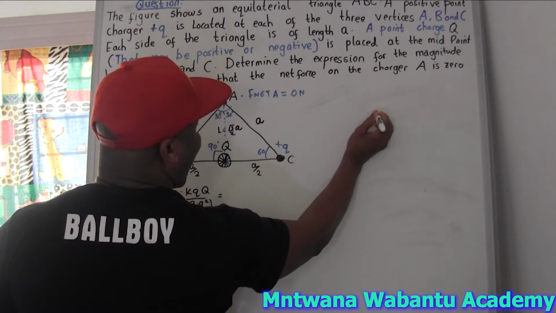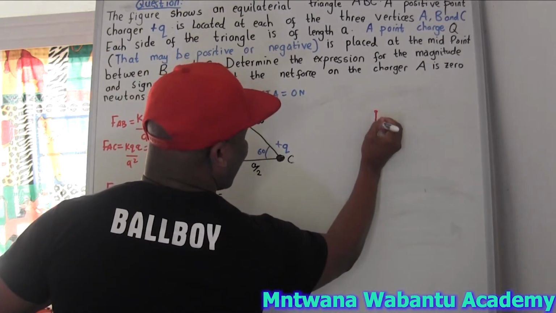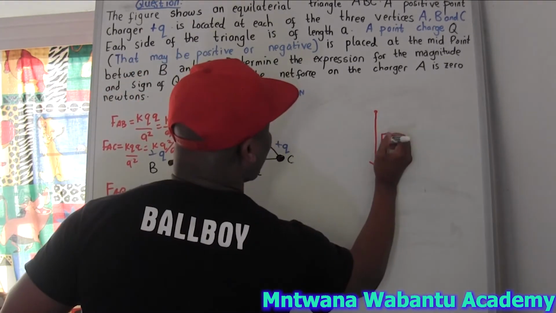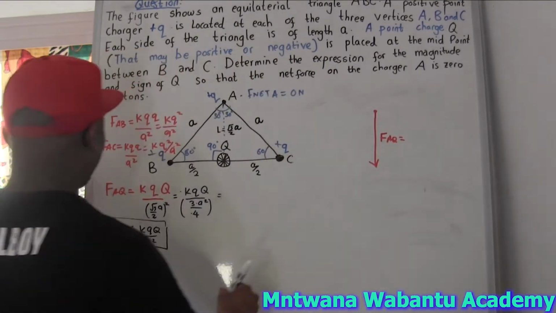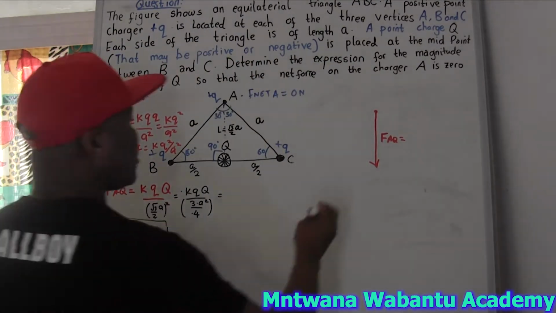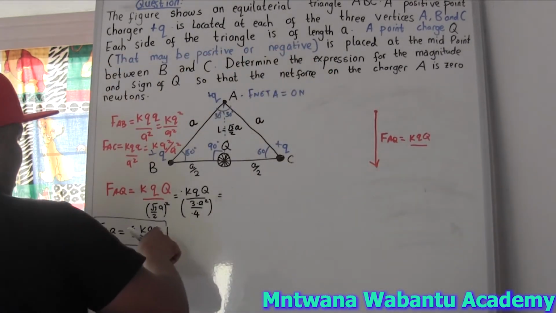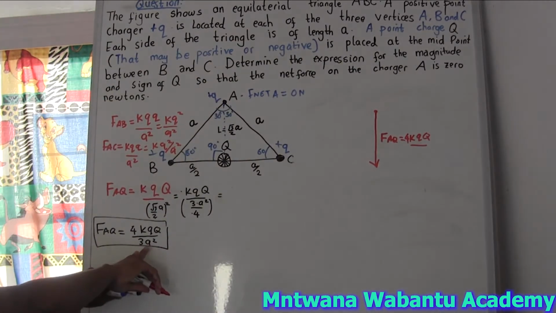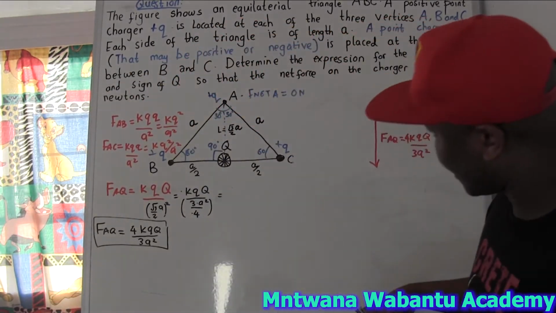Let's make this one moving down. So force AQ, what is FAQ? It equals kqQ over, we have a 4 here, and here we have 3a squared. So this is the force which is moving down.